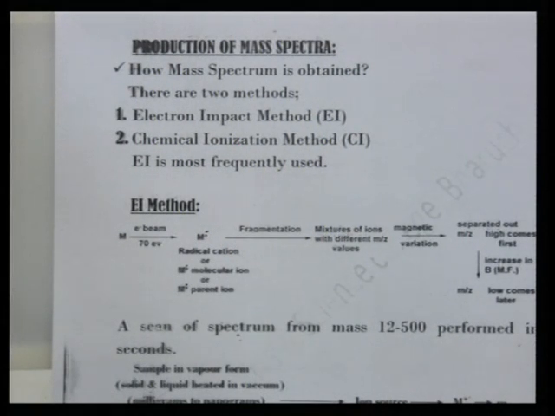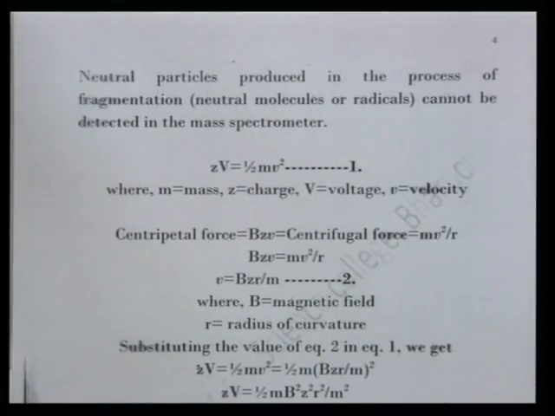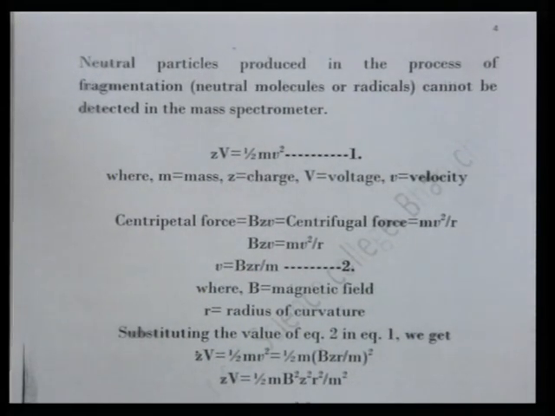This parent ion is fragmented into M1 plus radical or M1 plus cation, or M2 radical, or it may be M1 radical or M2 plus cation. Now, neutral particles are produced in the process of fragmentation. So a neutral molecule or radical cannot be detected in the mass spectrometer.